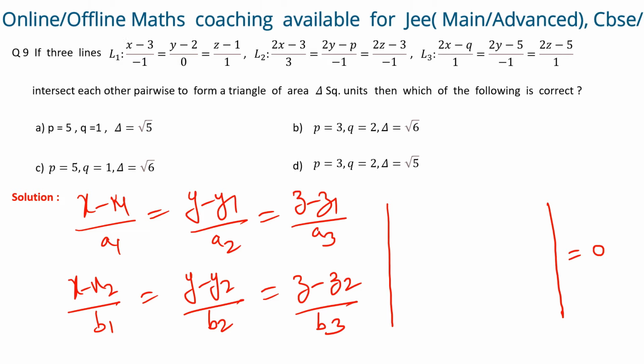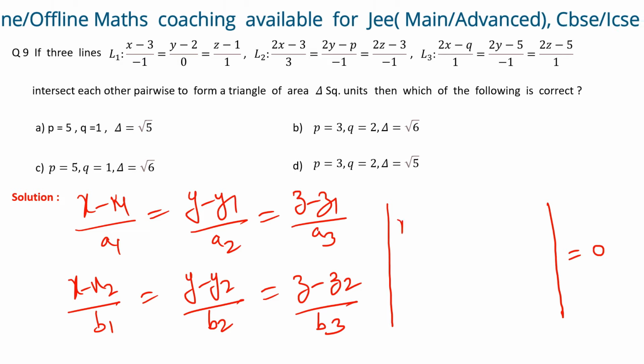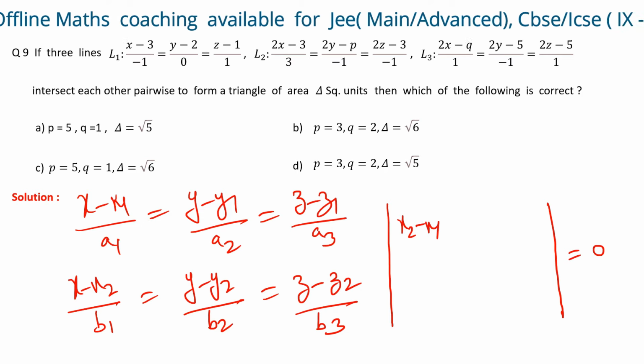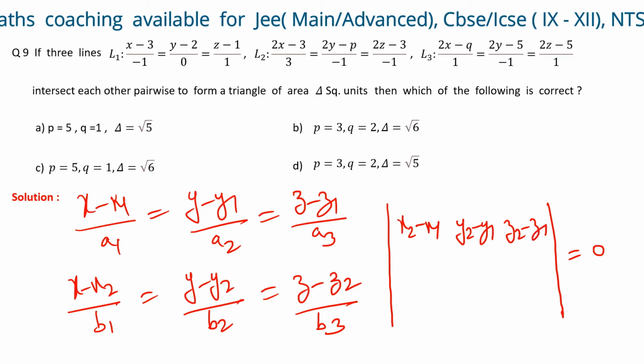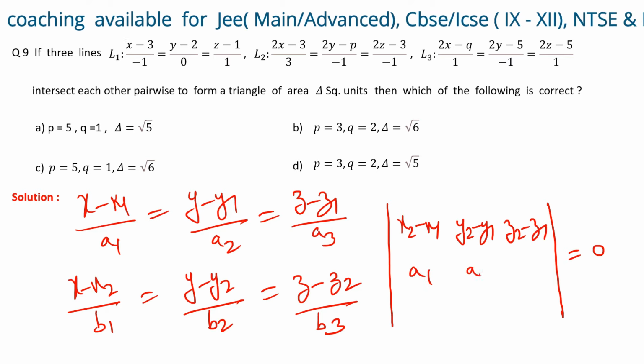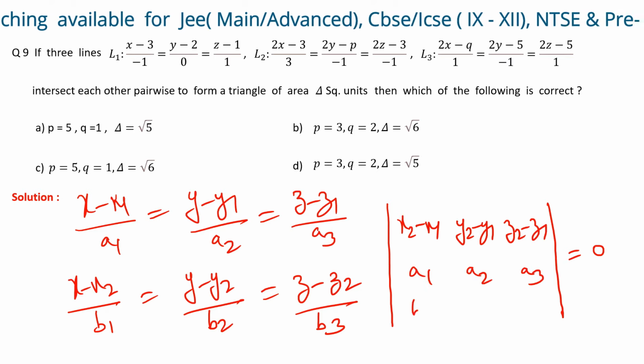Now what is this determinant? In the first row we'll be having x2 minus x1, y2 minus y1 and z2 minus z1. In the second row a1, a2, a3, and in the third row b1, b2, b3.